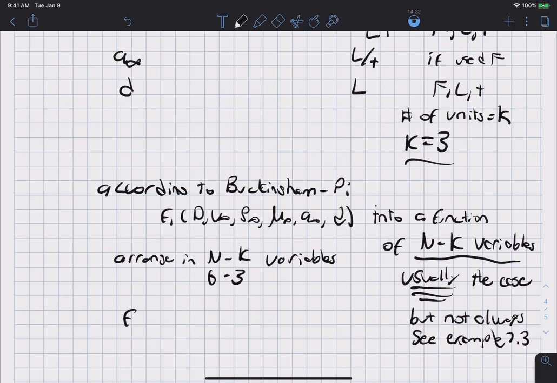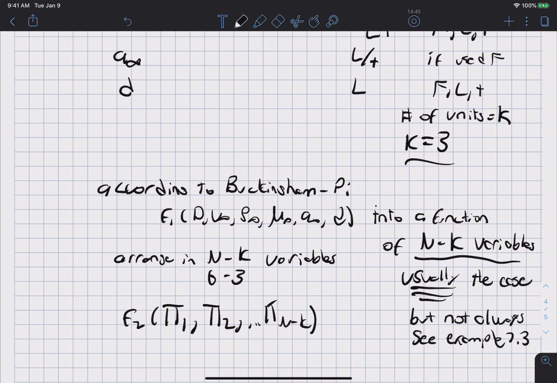So we'll have f, and I'll call this 2, is a function of a new variable pi 1, a new variable pi 2, and a new variable pi n minus k.